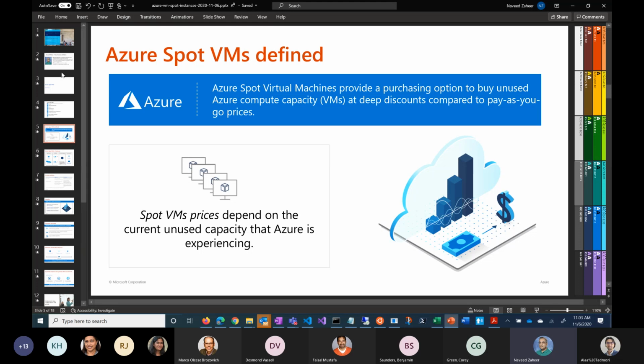So there's always that excess capacity, and it stays unused. What we are doing with Spot VMs is providing our customers an opportunity to use that excess capacity. With that in mind, if those resources are needed, we will take that excess capacity back, and you will be evicted.